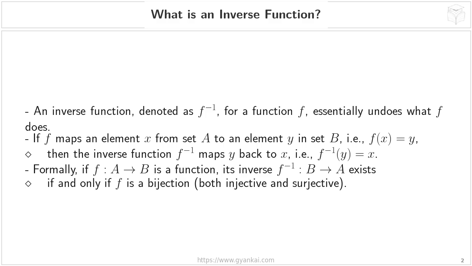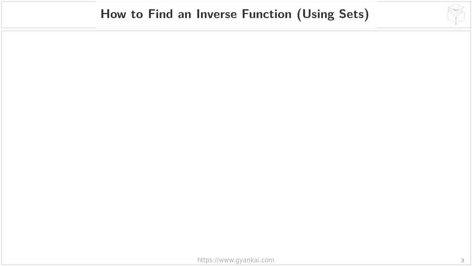Formally, if f maps from set A to set B, written as f: A to B, then its inverse, f inverse, will map from set B back to set A, written as f inverse: B to A. But again, this only happens if f is a bijection. We'll explore why bijectivity is so important on the next slide, and we'll also see how to actually find inverse functions with some examples.